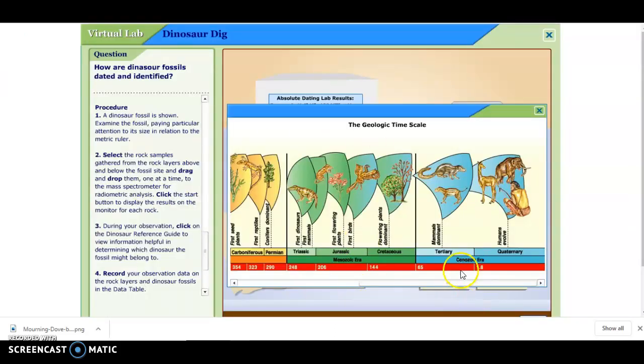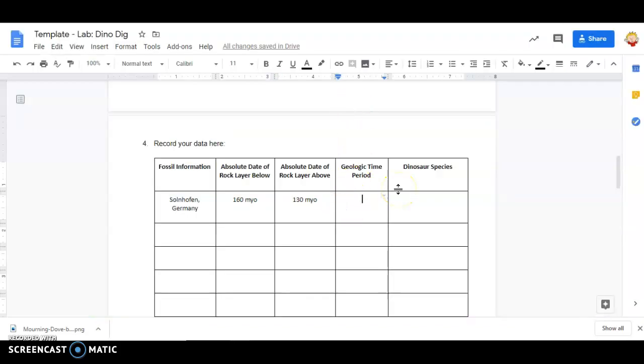So let's see, here is 144 million years ago, and here's 65 million years ago. So it's earlier than this, and also later than this. That's 144, cuts it off right here. And then 206 is the end of the Jurassic. So it's somewhere in this era. So we can say it's from the Jurassic era. Geologic time period, the Jurassic.